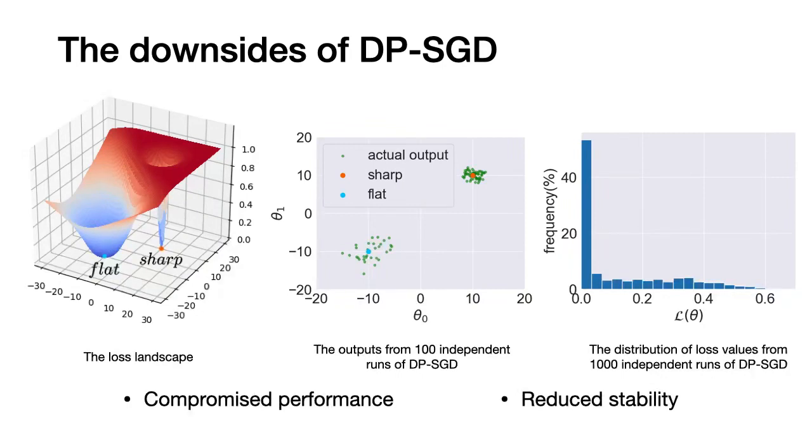However, the sharp minima is not quite noise tolerant. The neighborhood around it offers worse, less stable loss compared to the ones of the flat minima. Consequently, we can see on the right side that the loss distribution has a long tail.